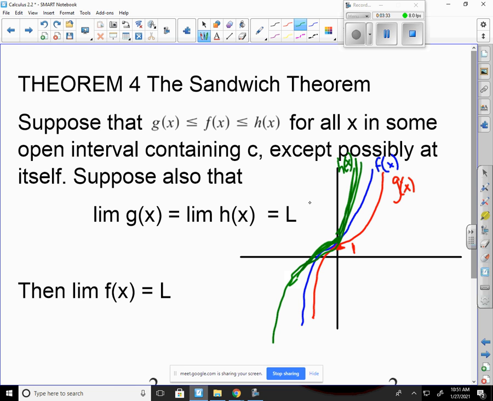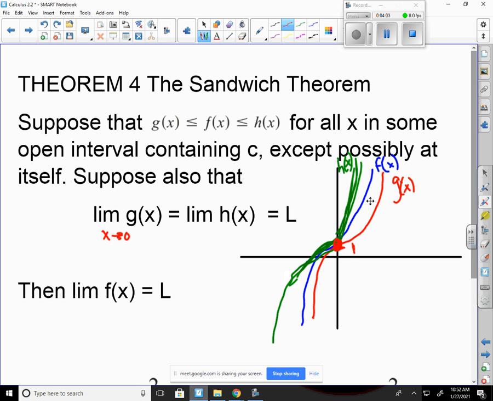So the sandwich theorem says that if g of x approaches, say, 1 when x is 0, so if I'm finding the limit of g of x as x approaches 0, and that is 1, and the limit as x approaches 0 of h of x is also 1, then what's in between them has to be 1 as well.